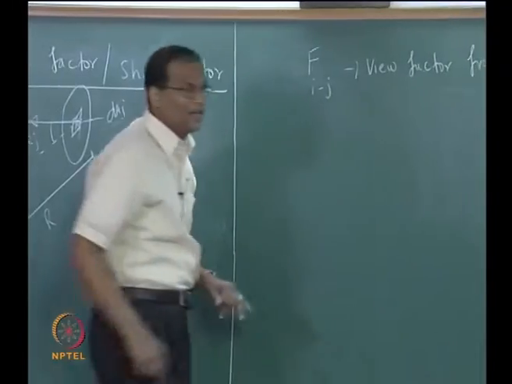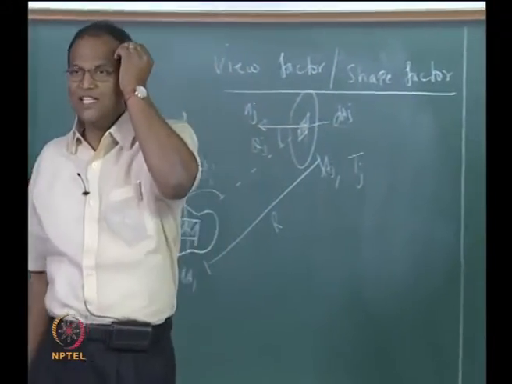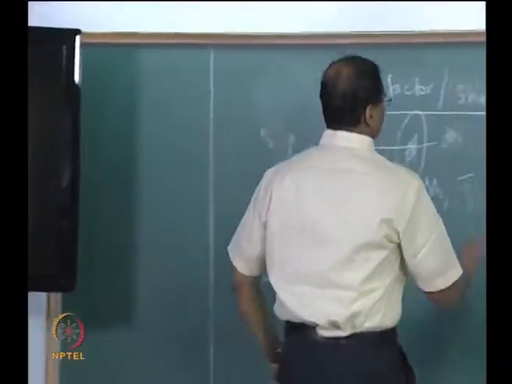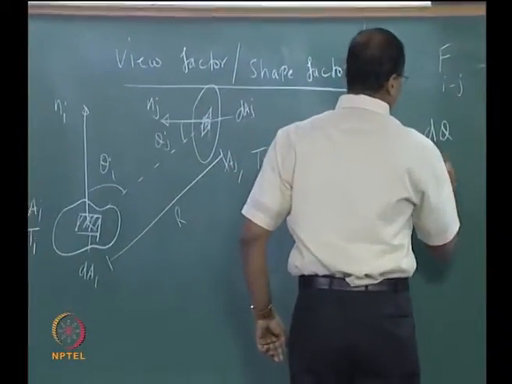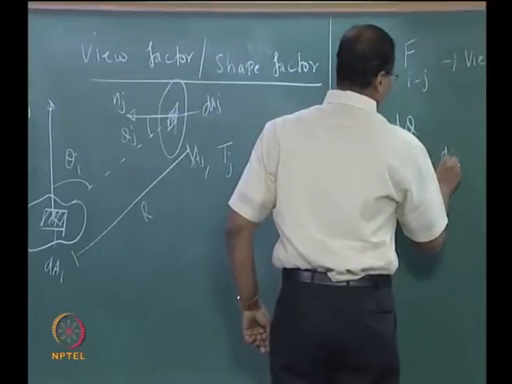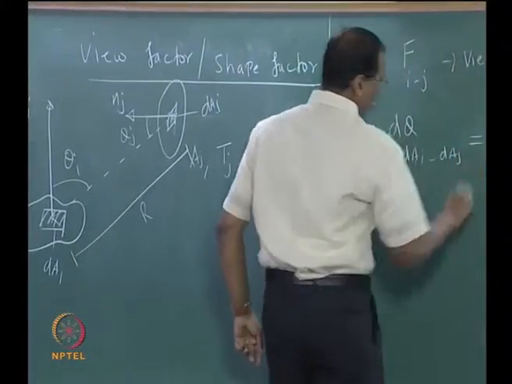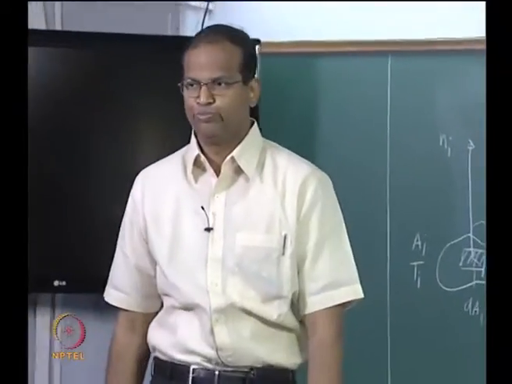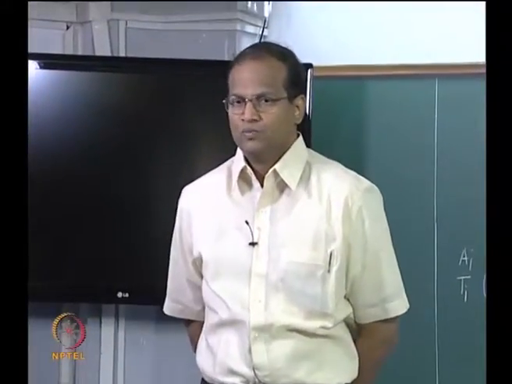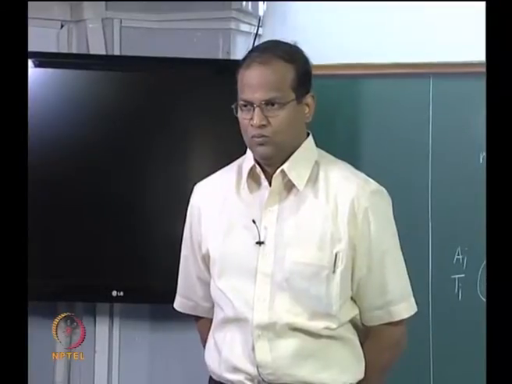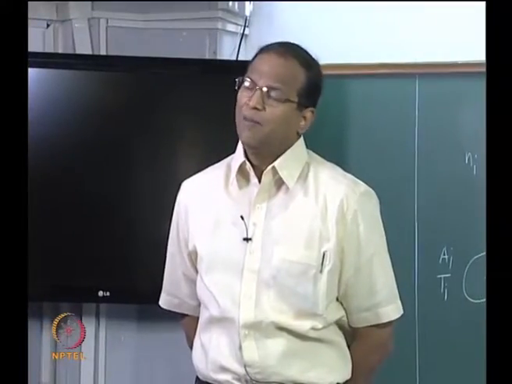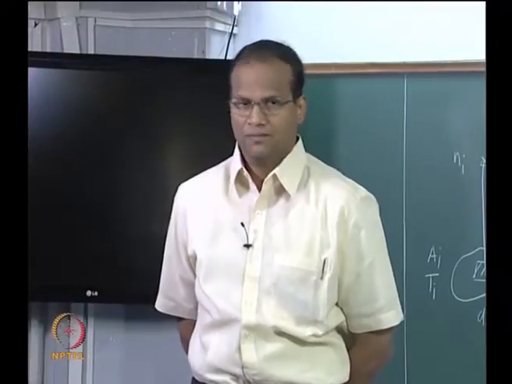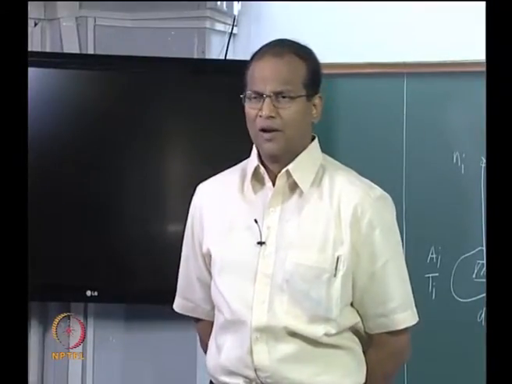radiation which is leaving i, which is intercepted by j, that is dq from dAi to dAj? Capital I is the intensity of surface i, Ij is the intensity of j. It goes back to our definition of solid angle.